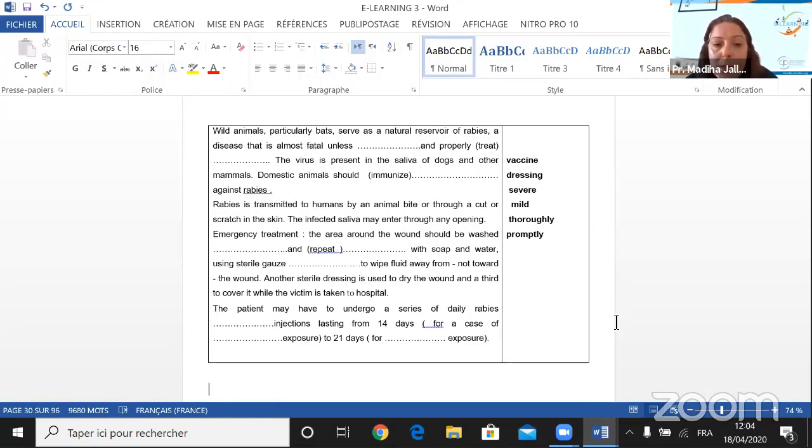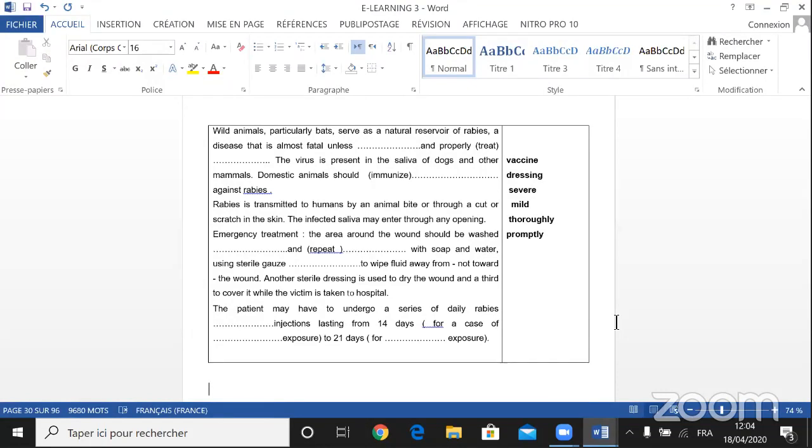Nice. The virus is present in the saliva of dogs and other mammals. Domestic animals should be immunized against rabies. Rabies is transmitted to humans by an animal bite or through a cut or scratch in the skin.